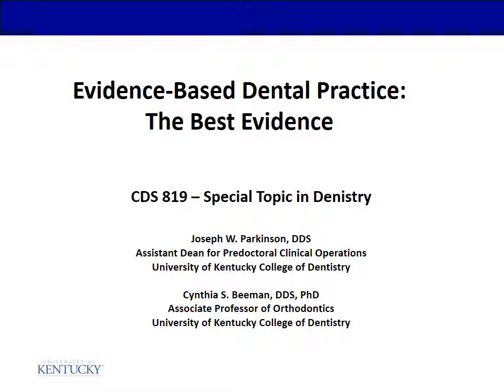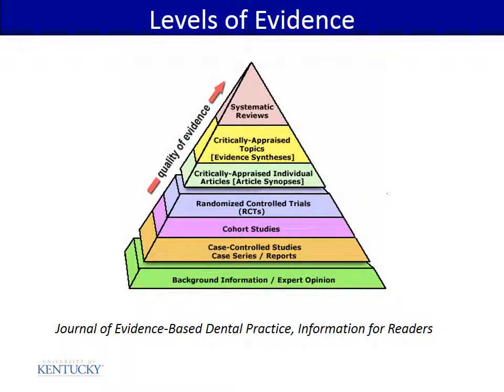In this lecture cast, we'll be discussing the highest levels of evidence that are used to answer focused clinical questions. In the last lecture cast, we discussed the different levels of evidence that are used to make clinical practice decisions, ranging from expert opinion up to systematic reviews of research clinical trials.